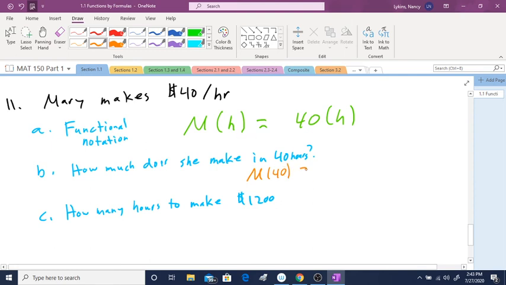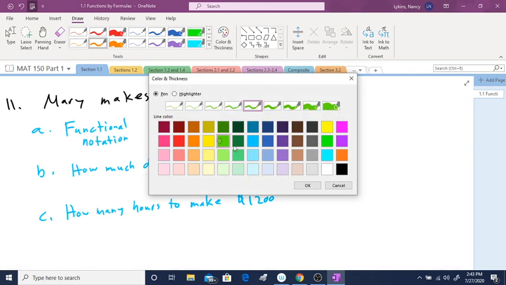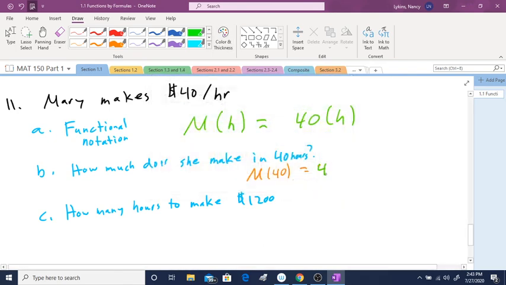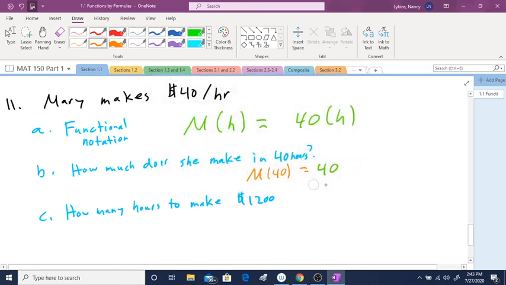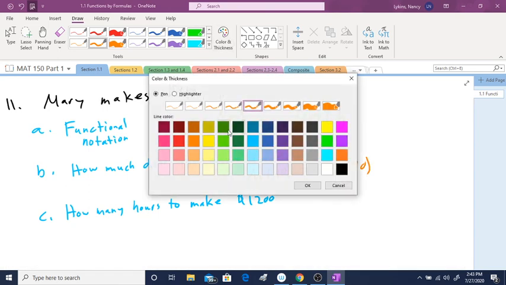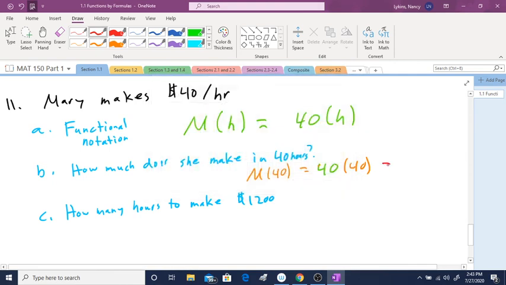I'm going to keep this 40 in the formula green, because that's a constant. That means that's always going to stay the same. And then in parentheses, I'm going to put the 40. So $1,600.